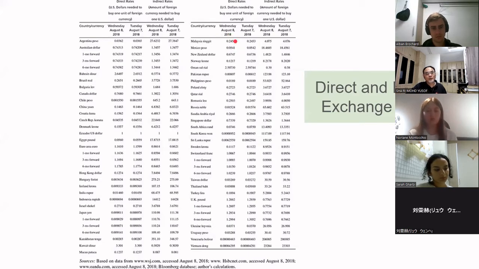So a quarter for 1 ringgit. So it's easier for me: I want to buy $1, how much do I need to pay? How much does it cost to buy $1, or to buy €1, for example? Right. Any questions on this?